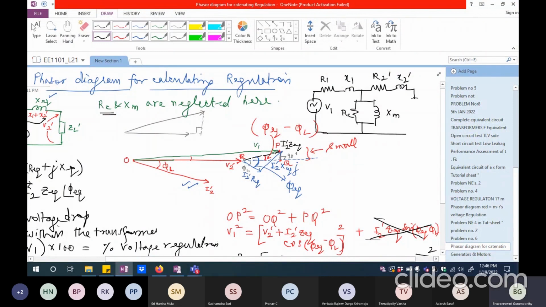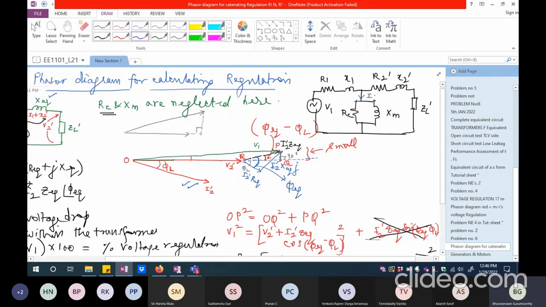And this is V2 dash with ZL dash being connected here. So this RC and XM represent the no load parameters. When there is hardly any load connected on the secondary side, the current drawn by the transformer is generally known as the no load current.